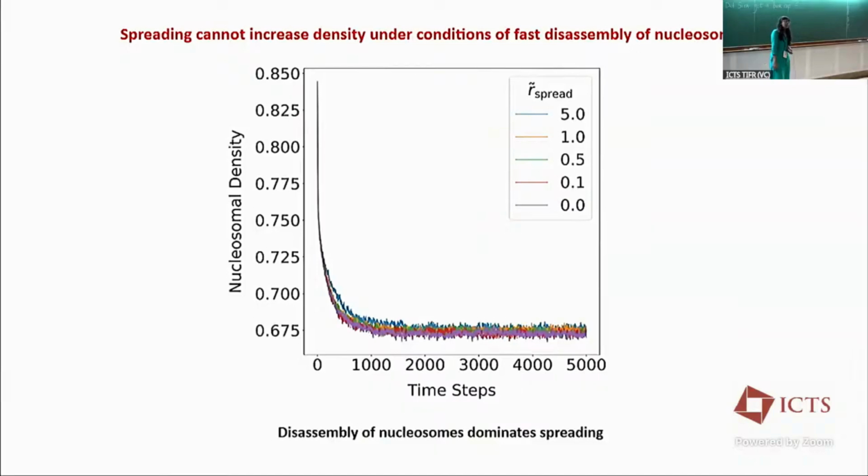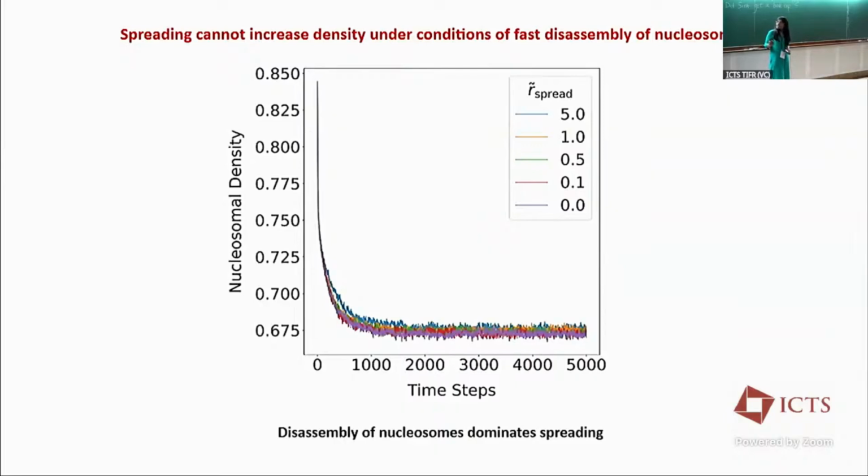We then varied the dissociation rate itself of nucleosomes, and what we find is when the rate of dissociation is very fast, spreading cannot make any difference. This is because before the spreading could actually happen, the nucleosomes tend to dissociate.